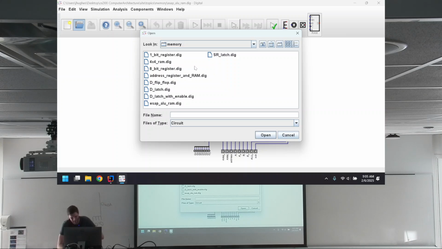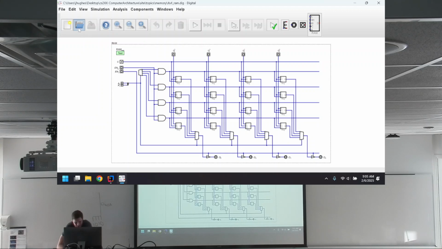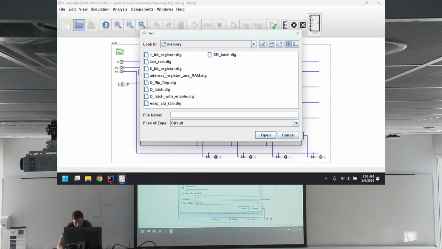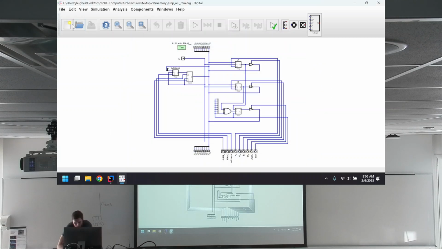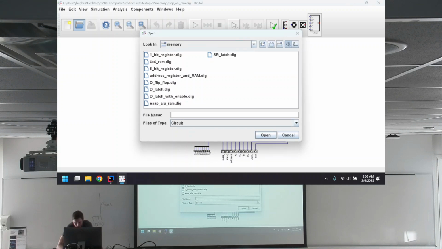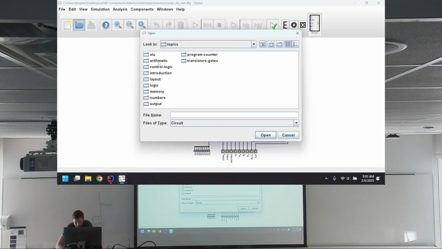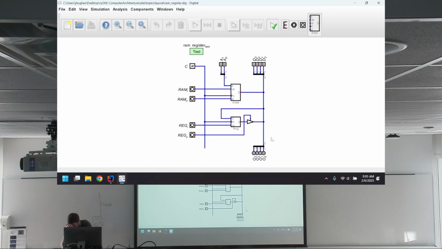One of these must be that design. 4x4 RAM dig? No. Maybe it's in a different... Oh, I think it's under my bus. No. No. Layout. RAM register. Okay, yeah. There we go. Cool.